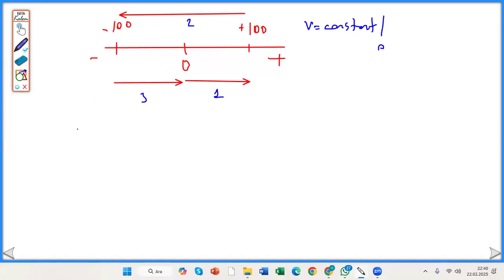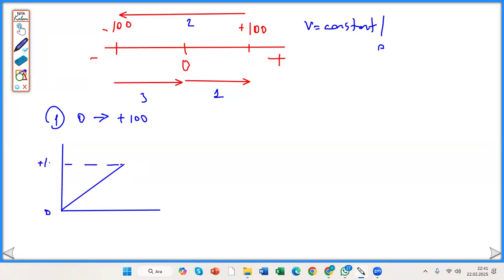So let's analyze each one. Let's look at motion one. Motion one starts from 0 to positive 100. So let's look at the position-time graph. When you look at its position-time graph, it is like this, because the first position is 0 and the last position is positive 100, and this is the time.